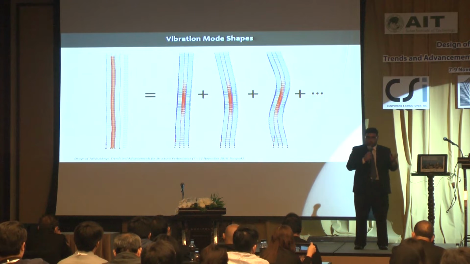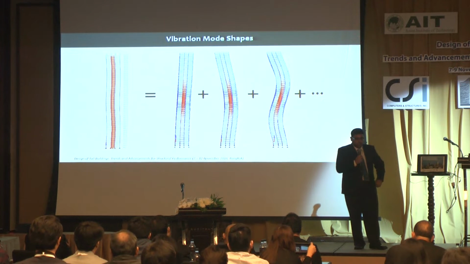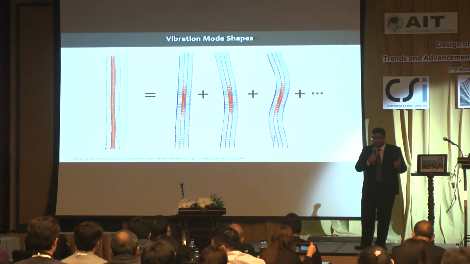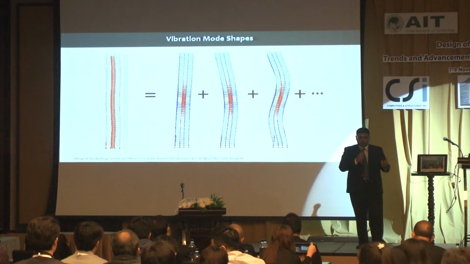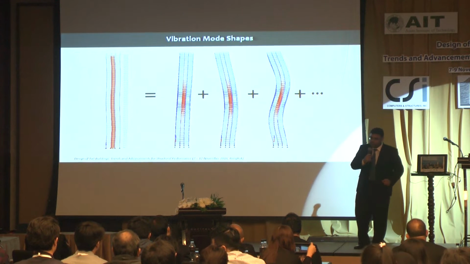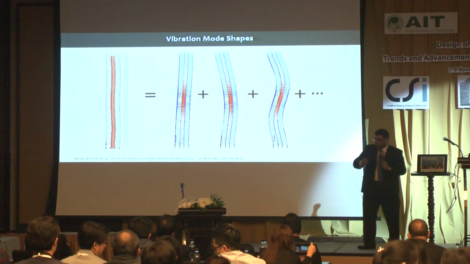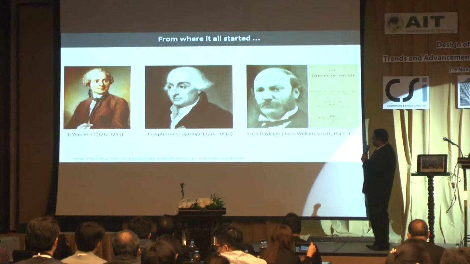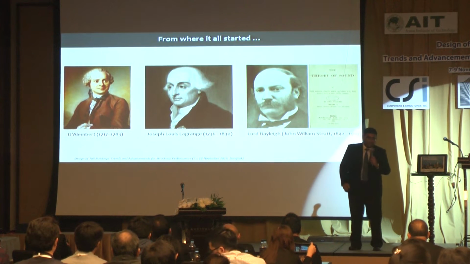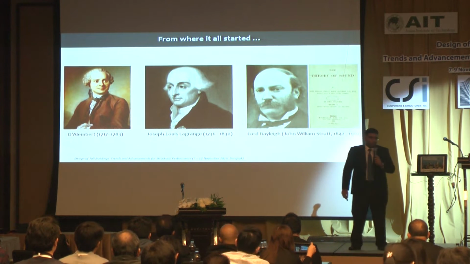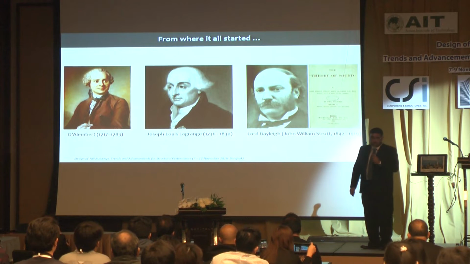This idea is so simple, elegant, and conceptually so appealing that we believe it is still the core of structural dynamics today. So just to put things in perspective, quickly I will give you a historical overview of where it all started.